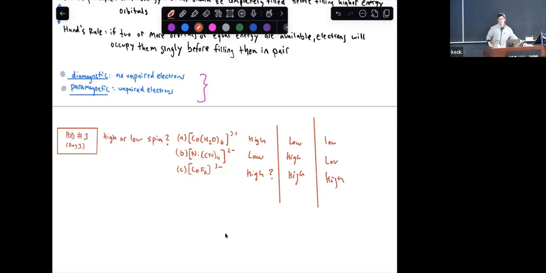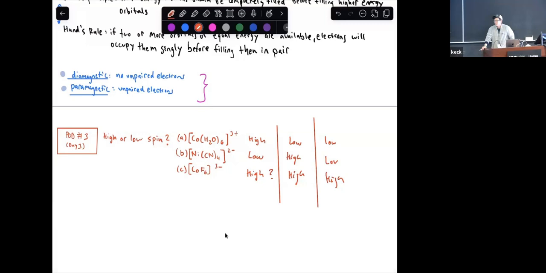Well, for nickel, there's not another alternative way to draw it, right? So there's no low or high spin configuration. There's just one. Well, it's d8. But then you picked a high spin. Yeah, I know.